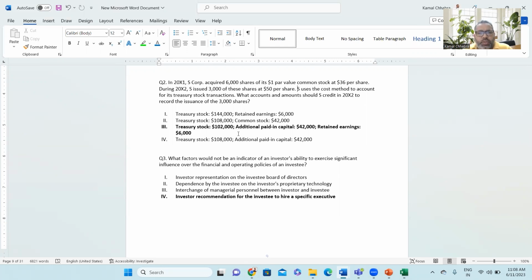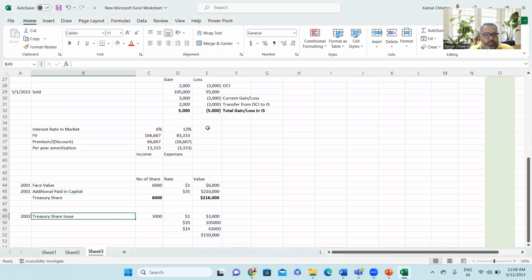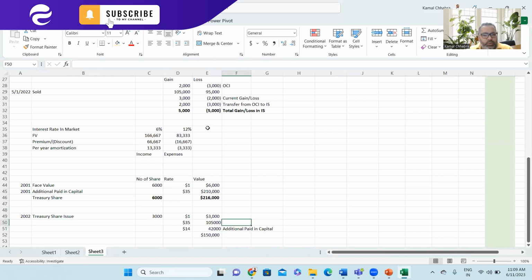Why is it 102? This is when you are getting additional paid-in capital, and this is your treasury stock.